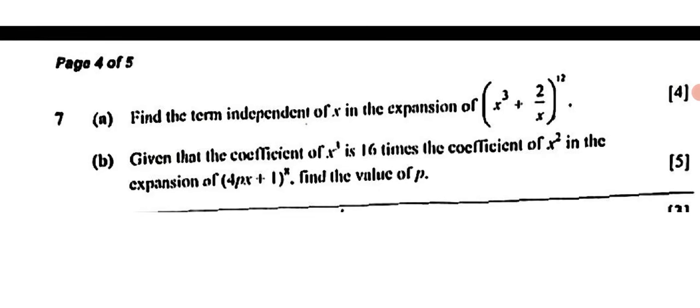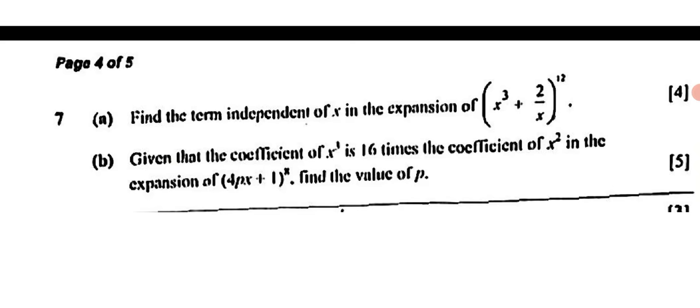Given that the coefficient of x cubed is 16 times the coefficient of x squared in the expansion of 4px plus 1 raised to the power 8. I want you to find the value of p.